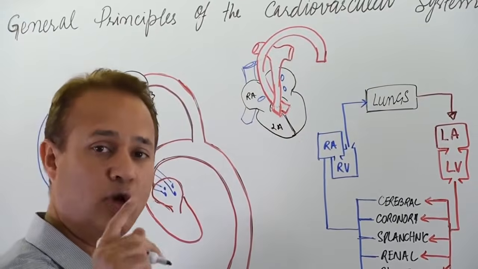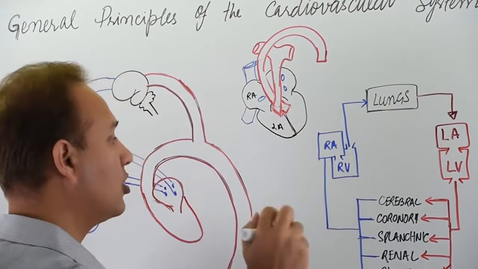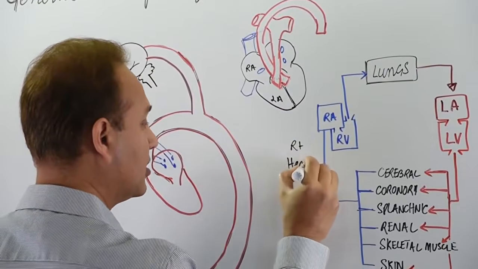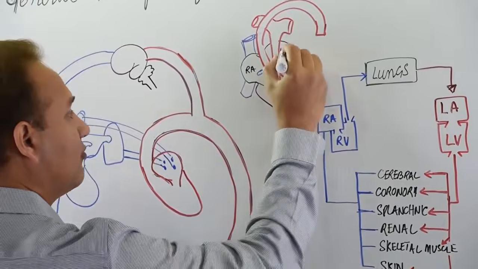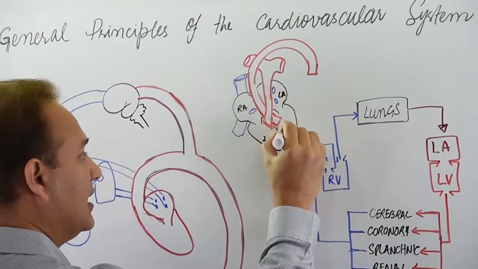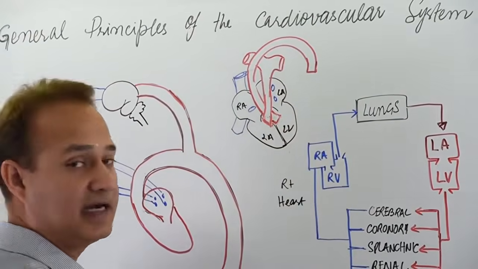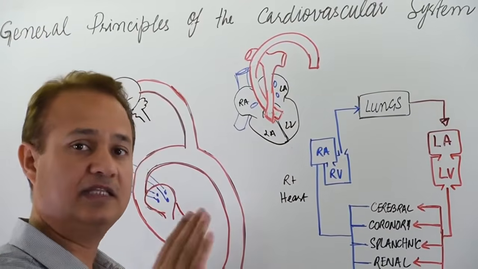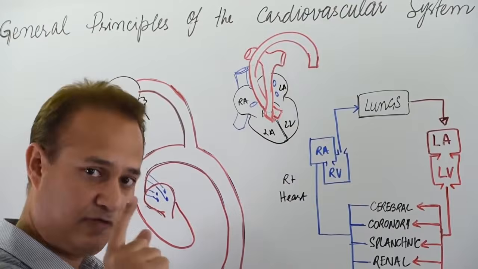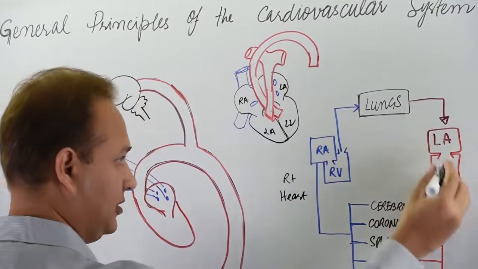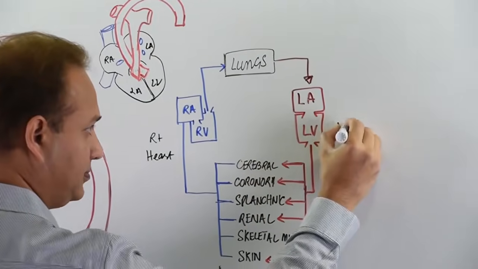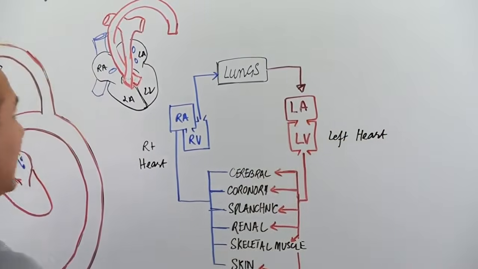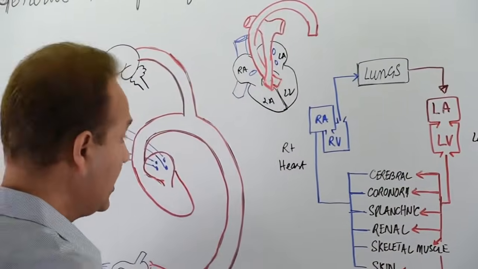These are 2 chambers, but one functional unit, also called the right heart. Then, of course, left atrium and left ventricle. That makes 2 chambers, but that also makes the one functional unit, that is left heart. Left heart, consisting of left atrium and left ventricle.